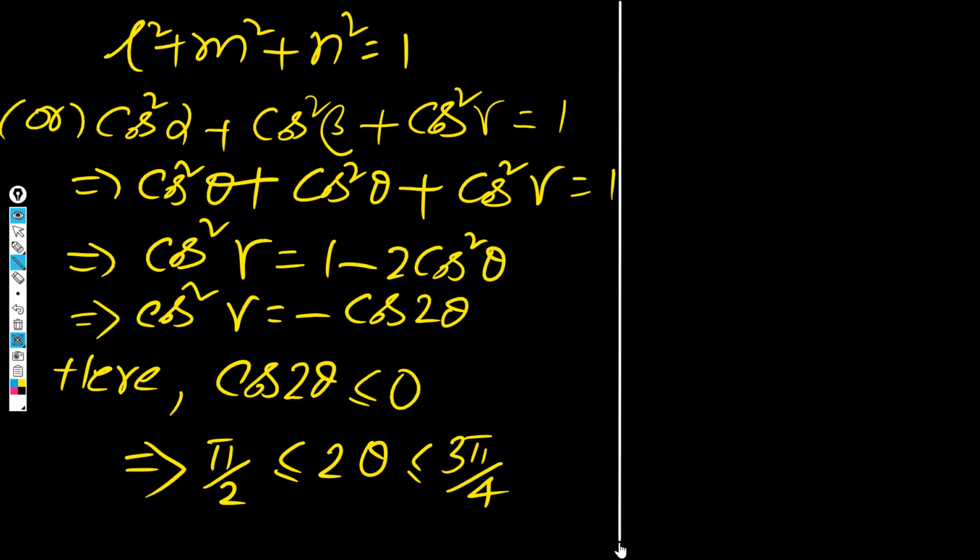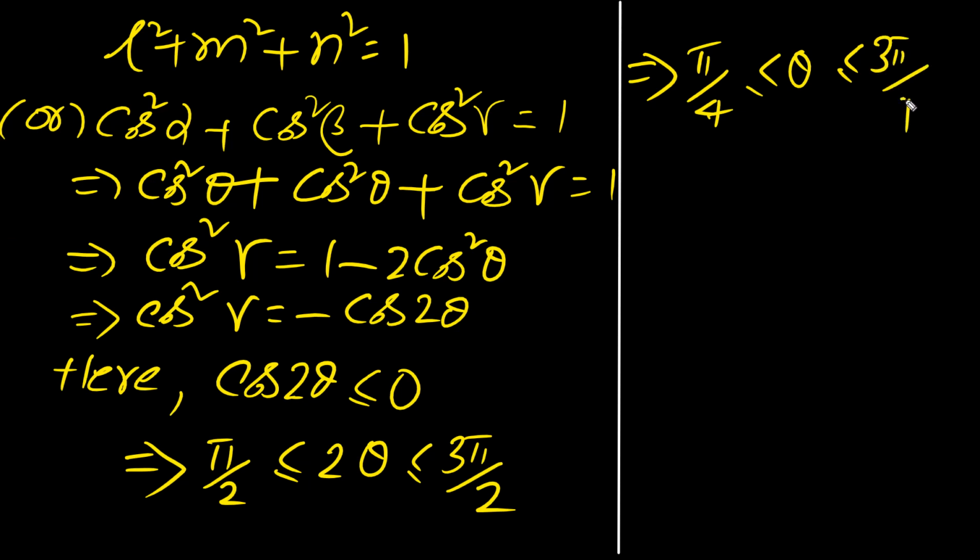Now you have to write theta. This becomes pi by 4 less than or equal to theta less than or equal to 3 pi by 4.